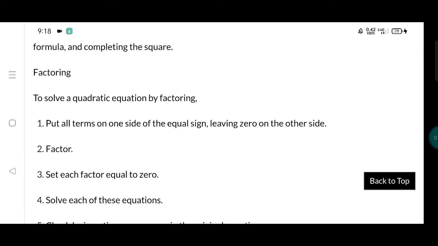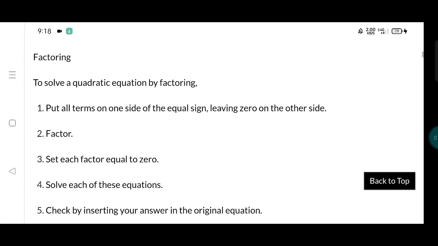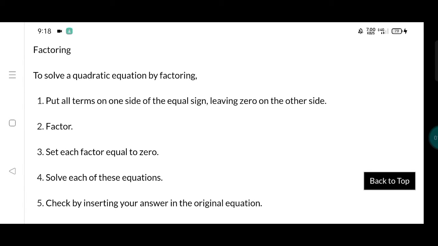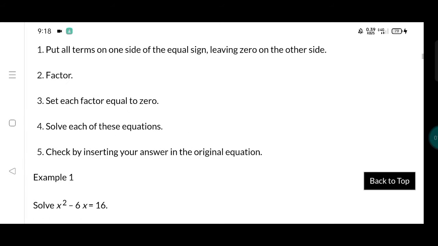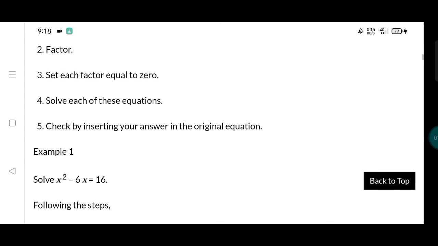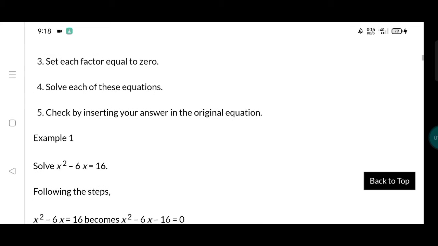Number 3, set each factor equal to 0. Number 4, solve each of these equations. And number 5, check by inserting your answer in the original equation. You just need to substitute after solving for x.